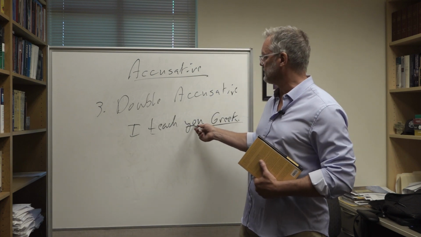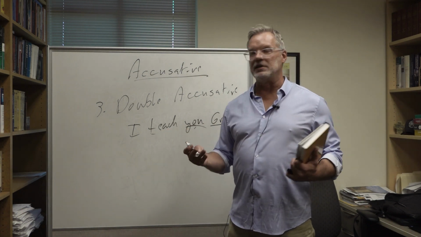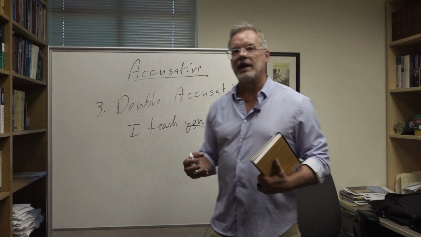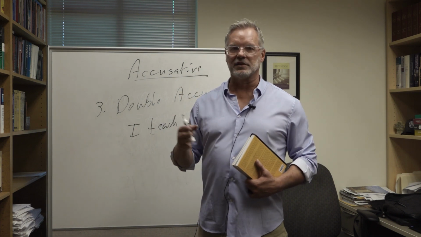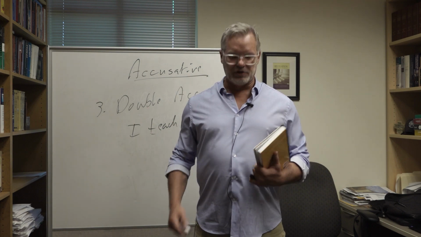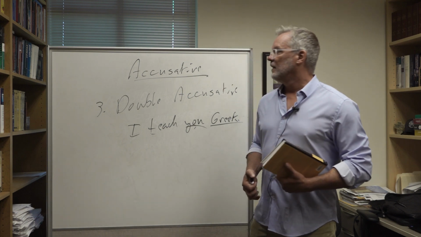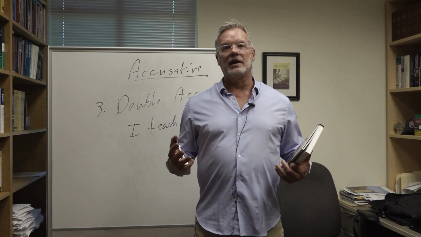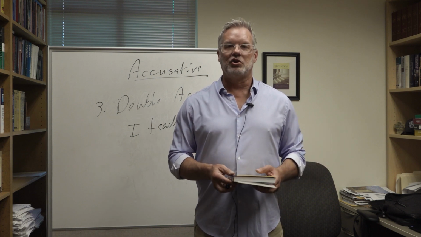In this case, notice the word "you" indicates the person that I'm teaching, and "Greek" would indicate the subject or the thing that I'm teaching. Some grammars would call this a double accusative of person and thing. So I just want you to be alert that some verbs in Greek don't have to, but they can take two direct objects.